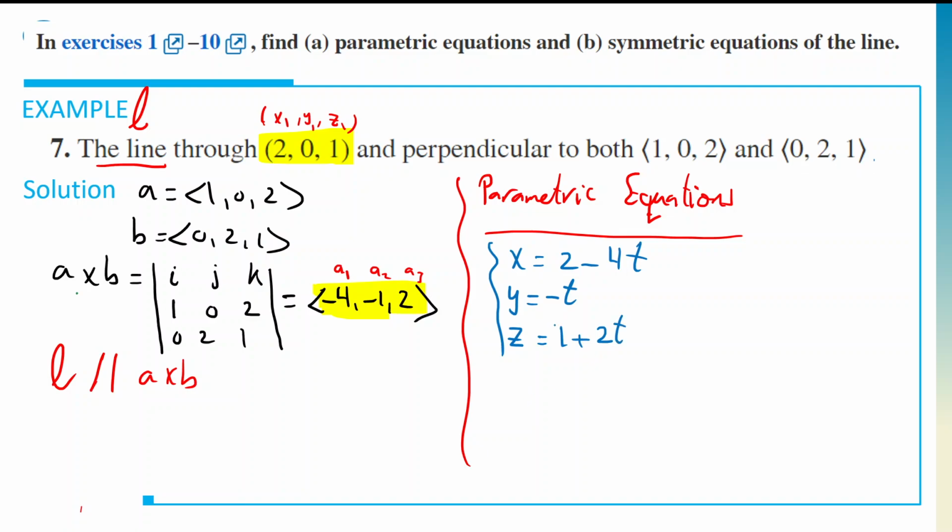Okay, we need again to find symmetric equations. Don't ever forget that there are two requirements. This is, let's say, part A. Part B is the symmetric equations.